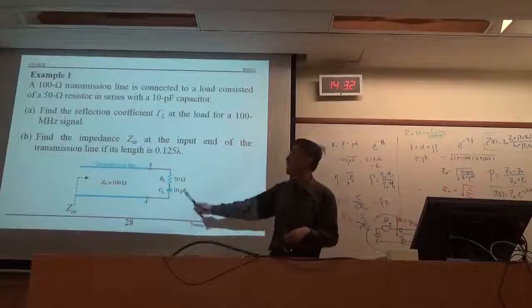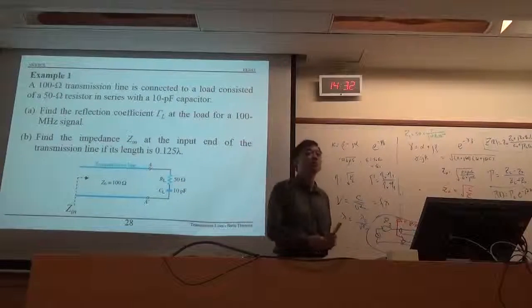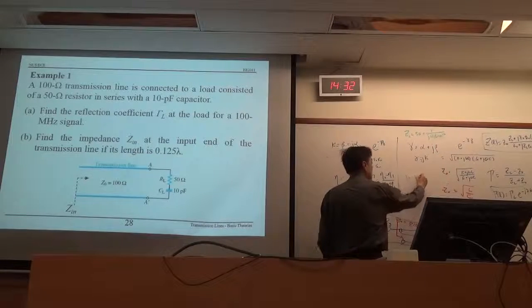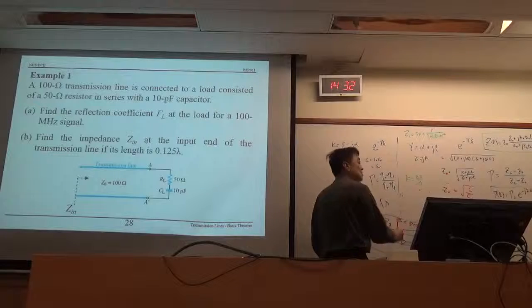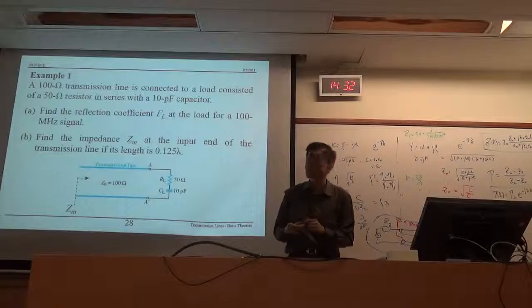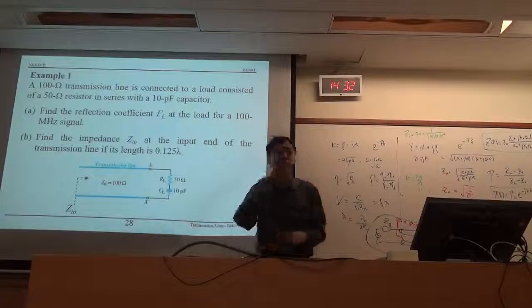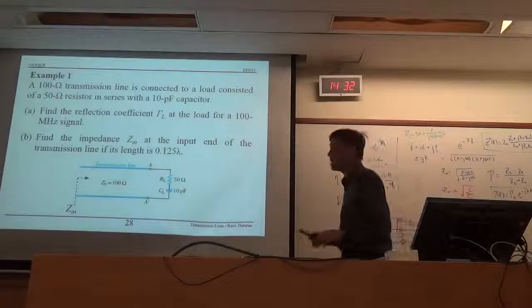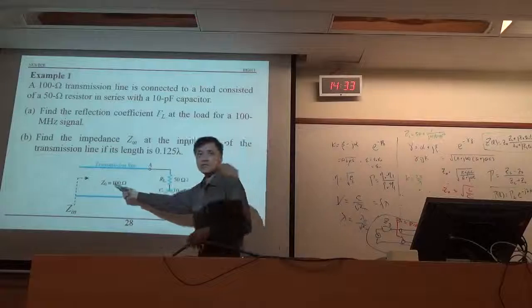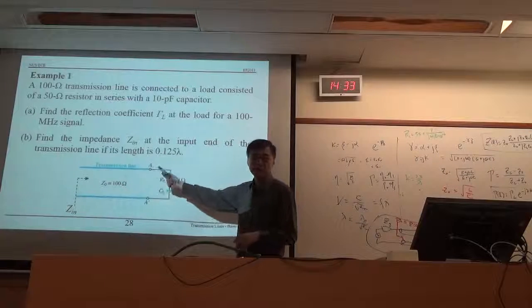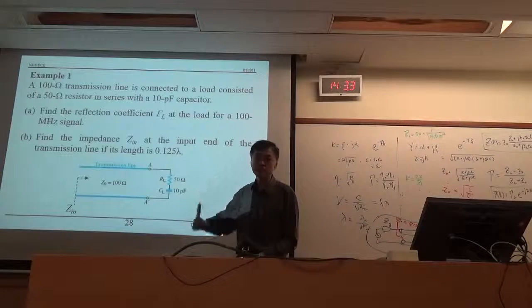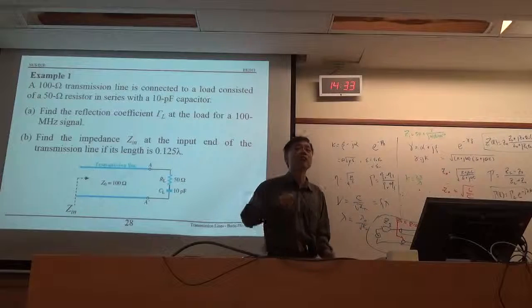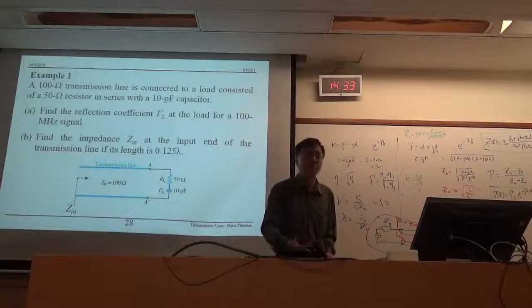But luckily L is given as 0.125 lambda, because K is equal to 2 pi over lambda. So in KL, when L is expressed as 0.125 lambda, the lambda cancels. Remember, this lambda is not the free space wavelength. For a transmission line, the wavelength is never the free space wavelength, unless they tell you air-cored or air-filled.